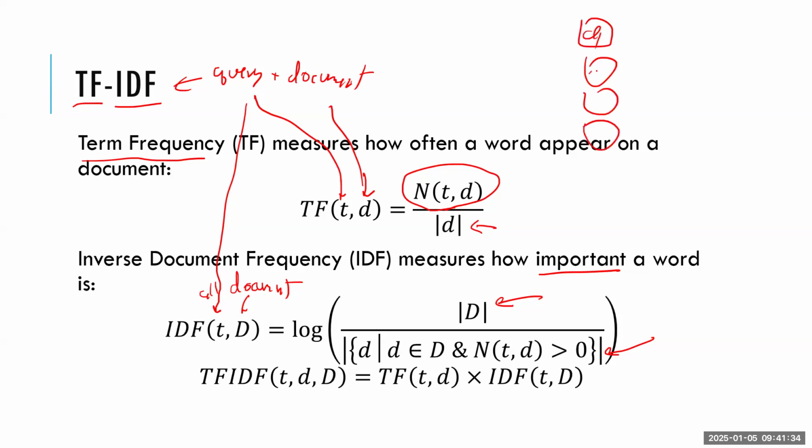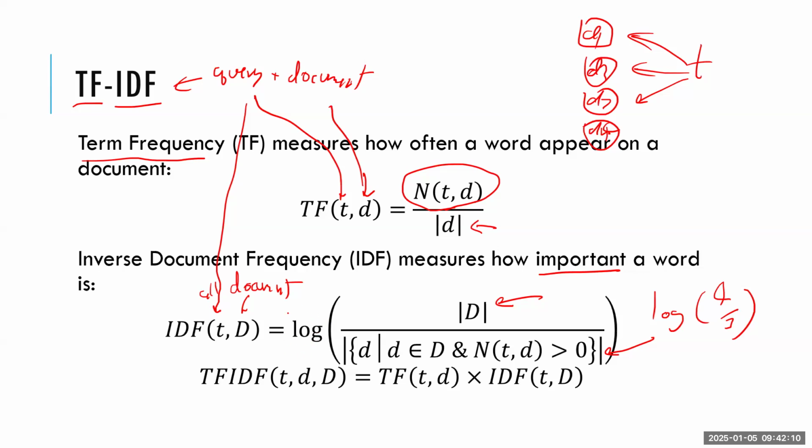So let's say we have D1, D2, D3, D4, and then we have this term. If this term appears in 3 documents, then you will get the log of 4/3. We have 4 documents, and this particular term appears in only 3, so you have 4/3. So basically, just count the number of documents. And then you take the log.